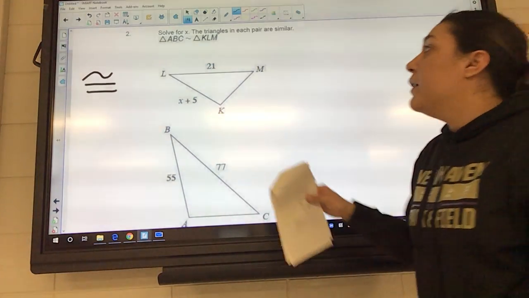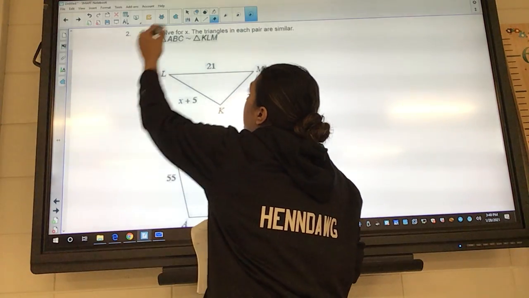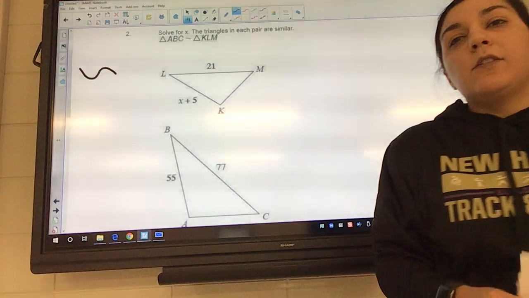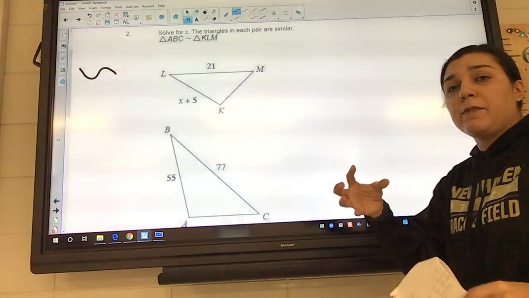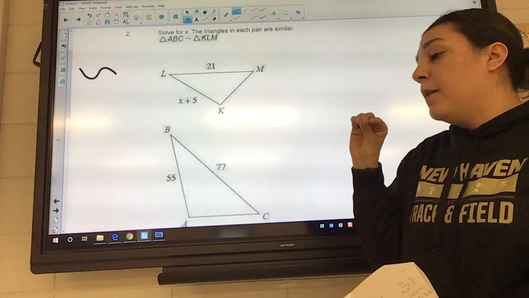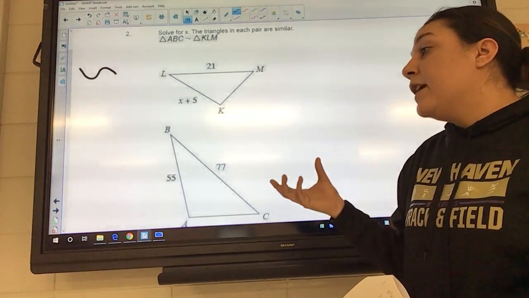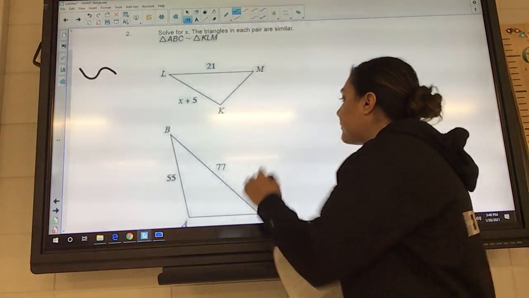If you take away the equals on the bottom and you just have the squiggly, that means similar. Congruent means the same shape and size, and we talked about how it could fit into that one empty puzzle spot. These are similar, so they could be the same puzzle piece.